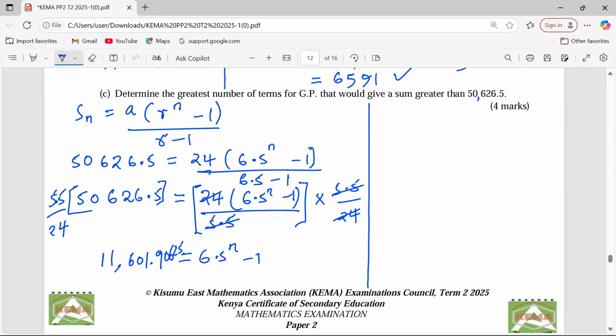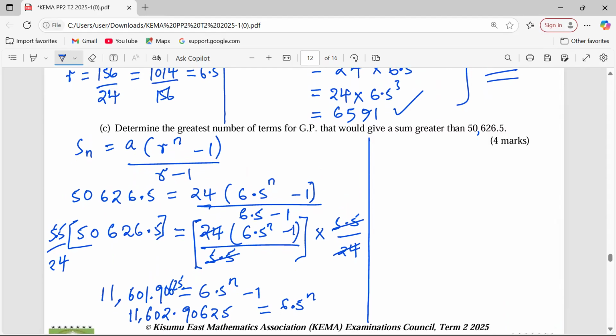With this knowledge now, we can add 1 for us to remain with 6.5 power n. Now 1 should be added to the left, so that this becomes 11,602.90625, that way. So we can introduce logarithms on both sides.